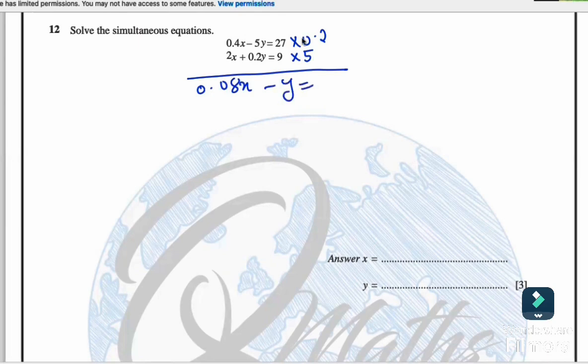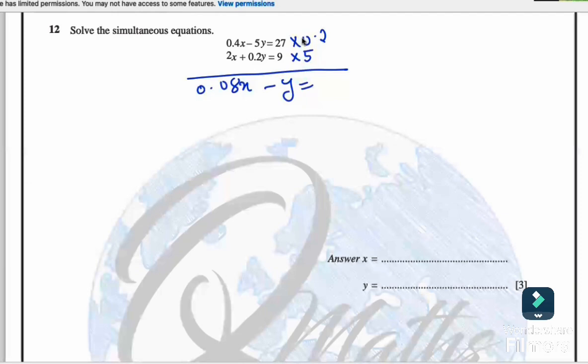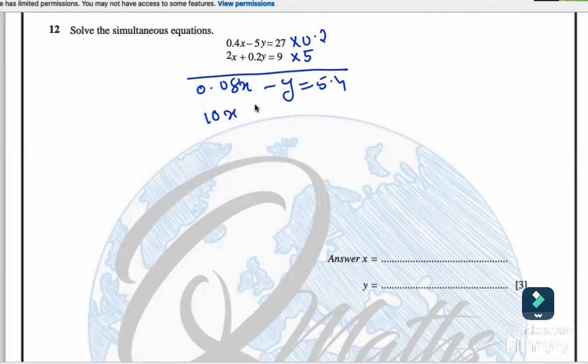So 27 times 0.2, which is going to be 5.4, and 10x plus 5 into 0.2, which is going to be 1, plus y is equal to 9 into 5, which is 45.